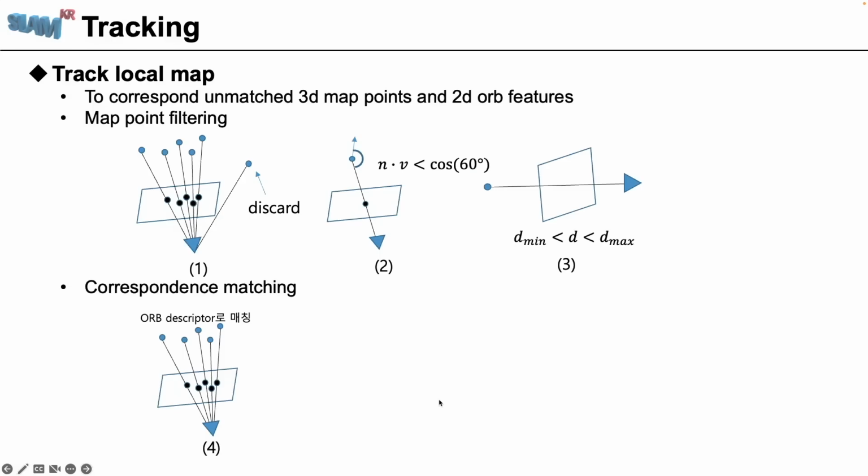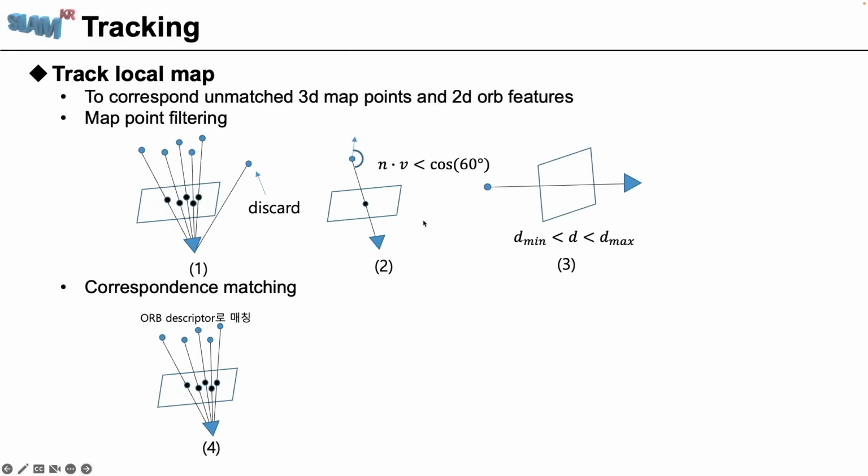And then the local map would be tracked to find correspondences between the unmatched 3D map points and 2D ORB features, and filter the map points by several conditions. Condition number 1: if the map point is outside of the image boundary, we discard it.